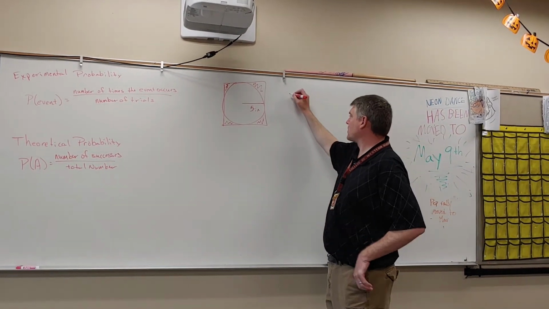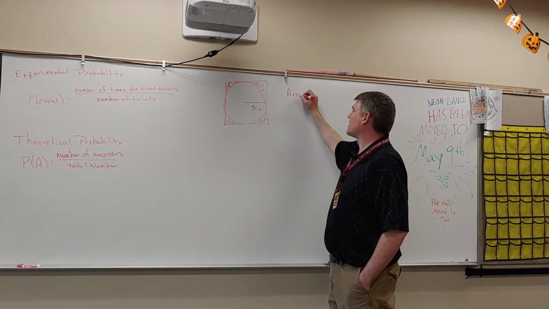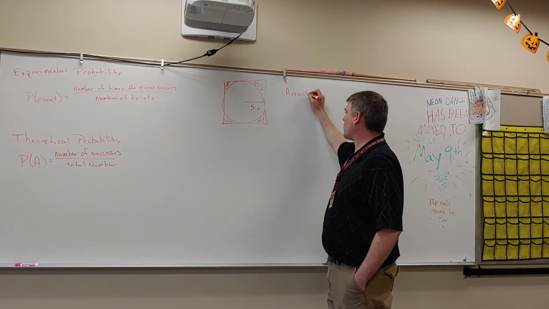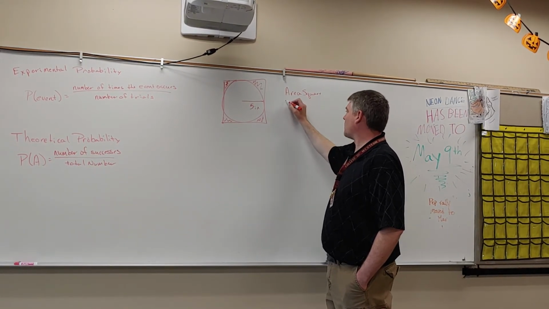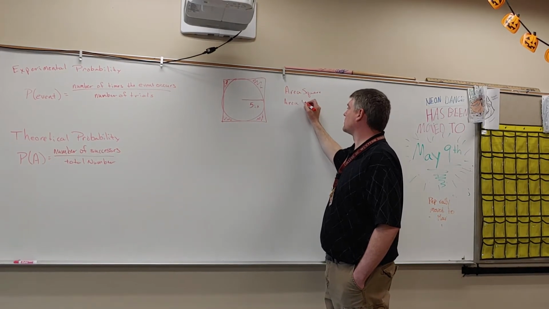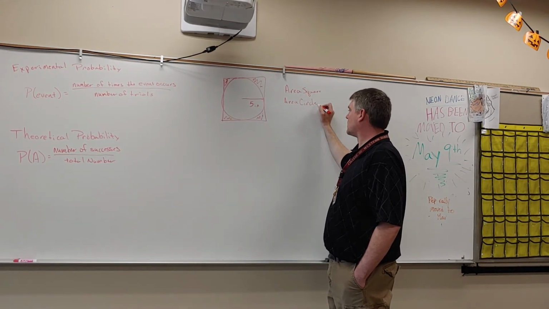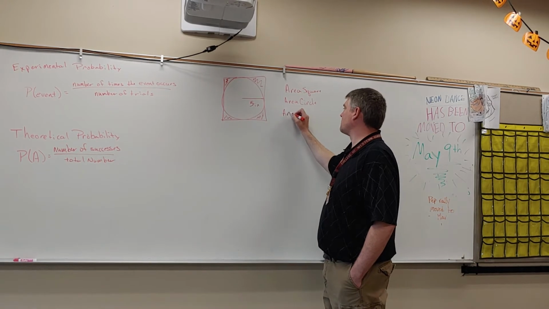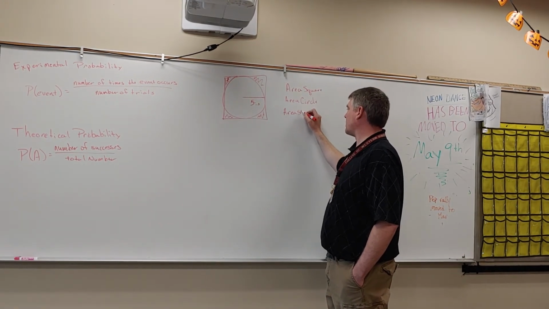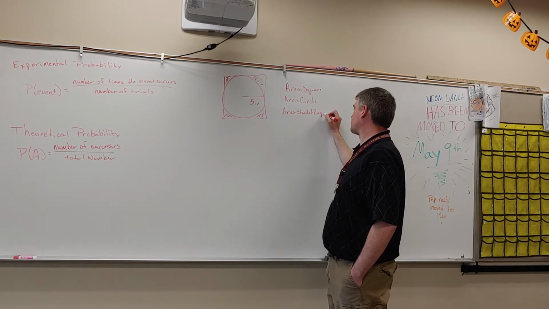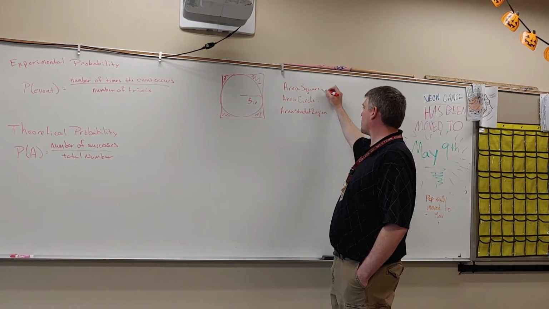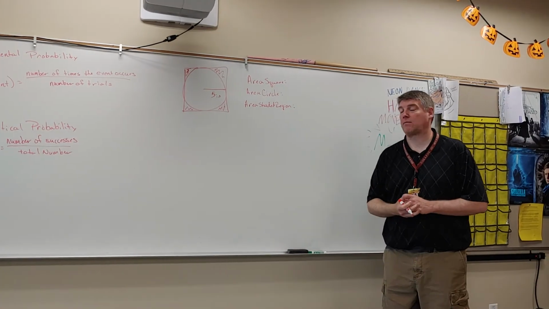So the first thing I want to do is find the area of the square. I want to find the area of the circle. And then I want to find the area of the shaded corners. And then from this point, I will be able to find my probability.